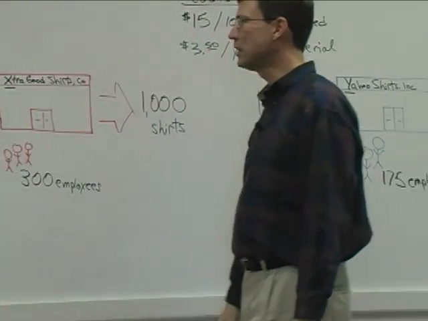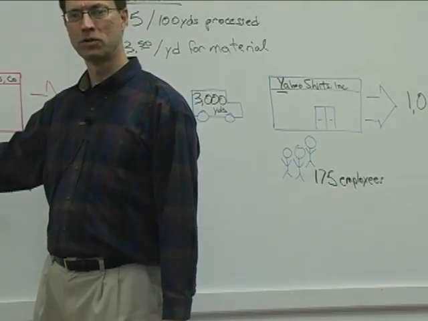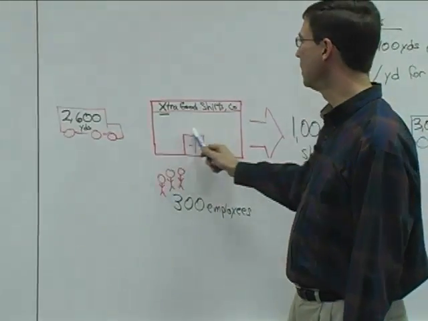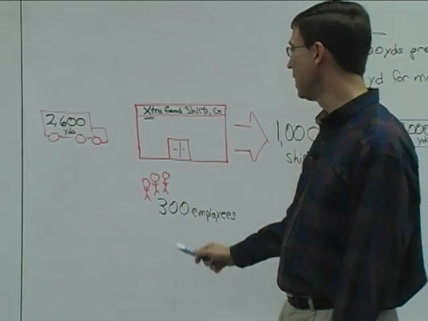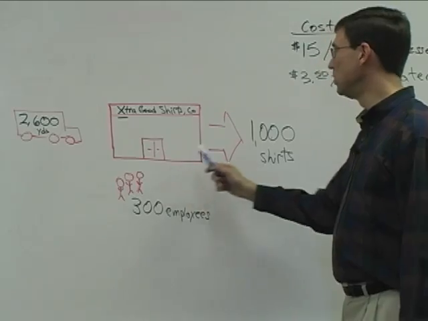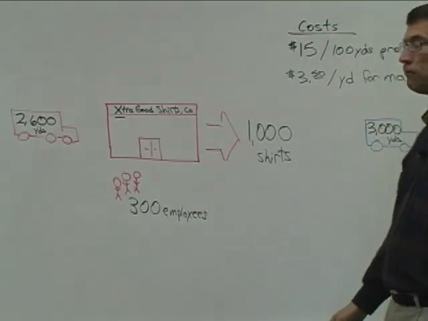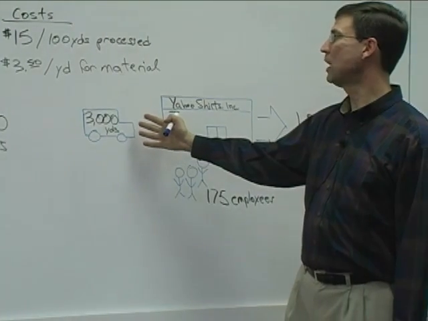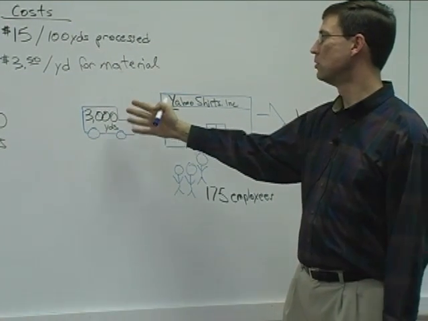And let's compare what's happening here. We have some inputs, 2,600 yards of material coming into the Extra Good Shirt Company, and they use 300 employees. Result, 1,000 shirts. Yahoo Shirt Company has a few more yards, 3,000 yards compared to 2,600.